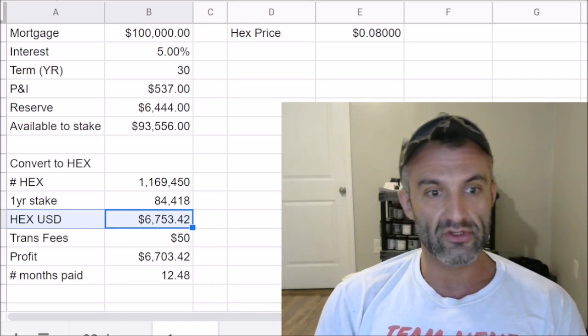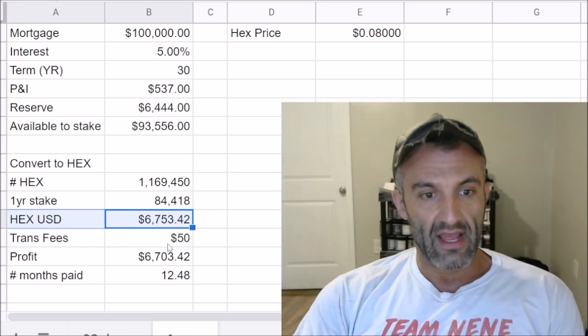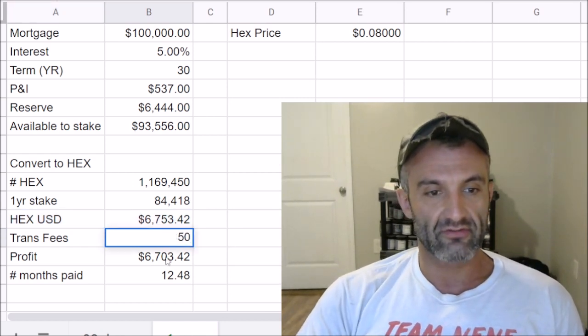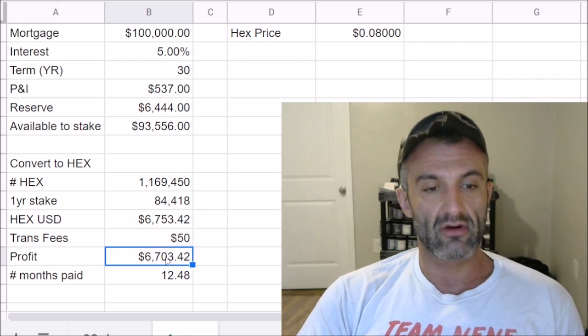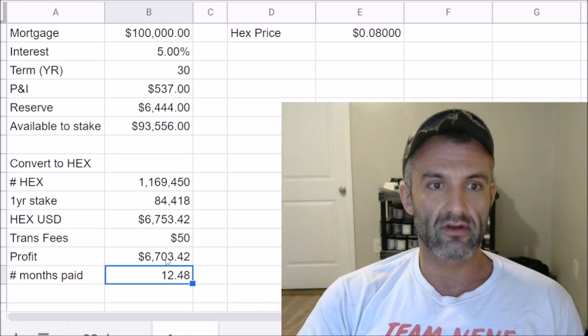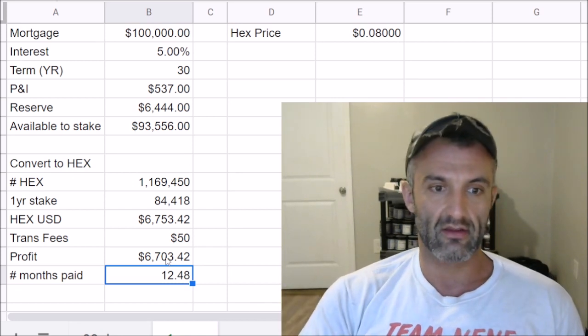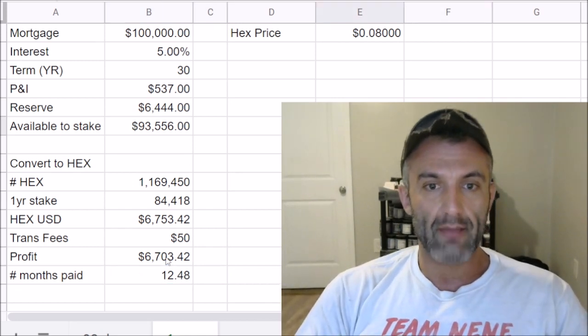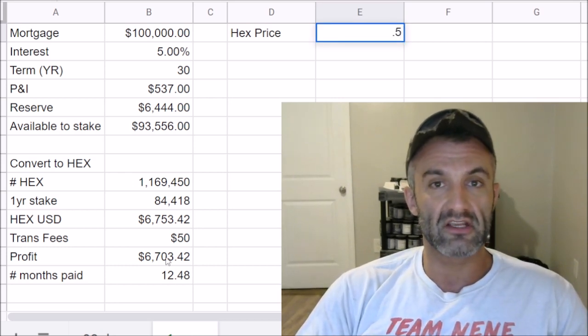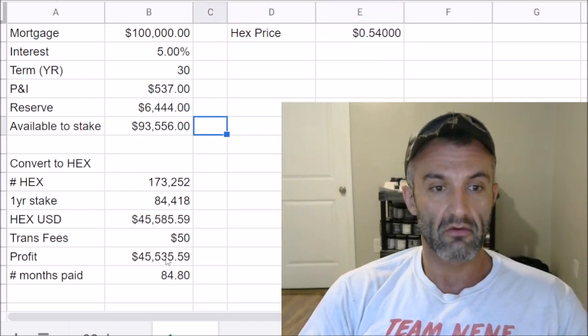We pull out the reserve after factoring in the $50 for a transaction fee. The profit is $6,700. That yields us another 12 months of reserve. So we do the same exact thing. And remember, what if hypothetically, right, HEX is 54 cents a share? What does that mean?